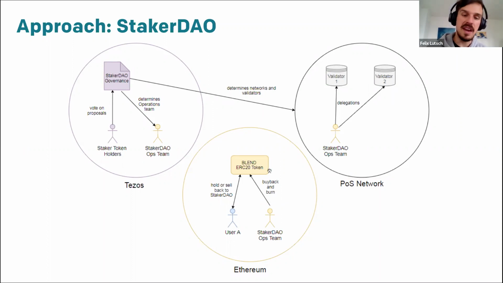And then every now and then, the Blend token being on Ethereum, the Staker DAO ops team, I'm not sure about the frequency, does a buyback and burn of this token on Ethereum, where they use the rewards that were made staking on these different chains to buy back the token or burn it. So buy back the token from its existing holders, or burning additional ones, and by means of burning it, lowering the supply and making it more valuable that way.